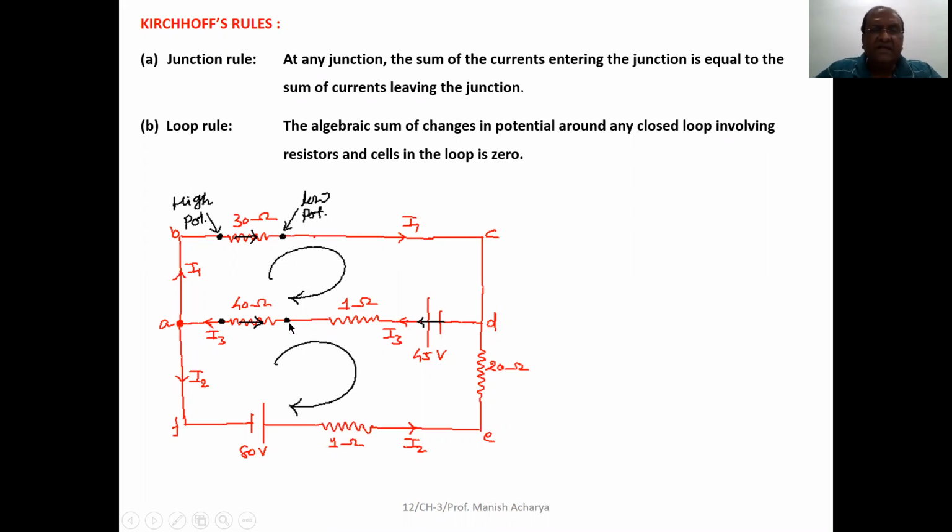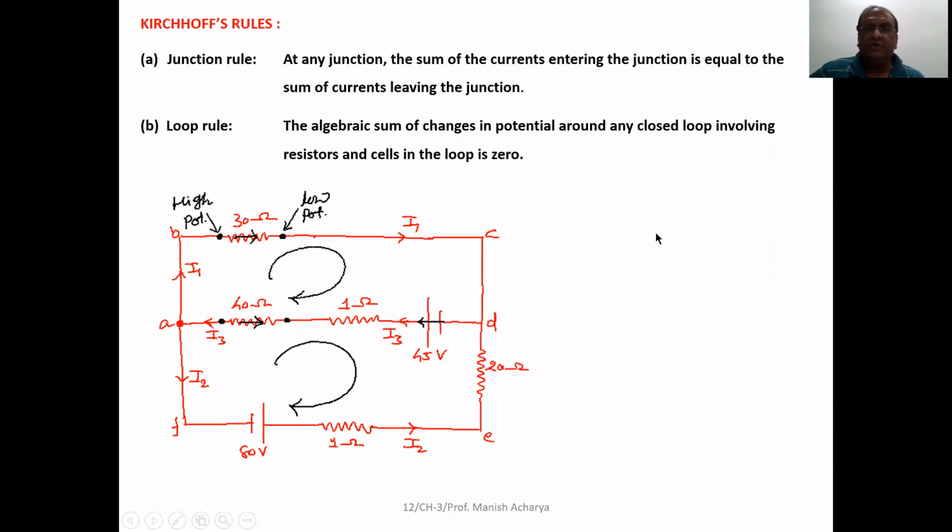The second one is A, D, E, F, A. And the third one is this outer one, A, B, C, D, E, F, A. So a total of 3 loops are there in this particular network. So now the concept of junction and loop is clear to all of you.